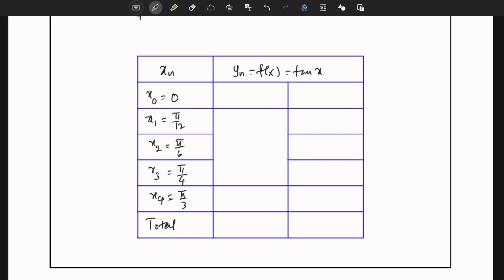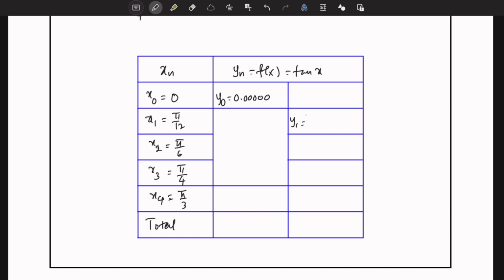Press your calculator into the function table. The value is 0. Just write down there: this is y0, which is 0.00000. We want 4 decimal places, so give it to 5.